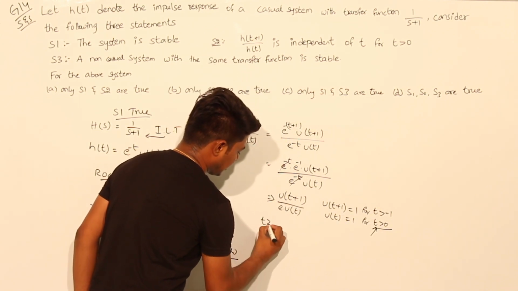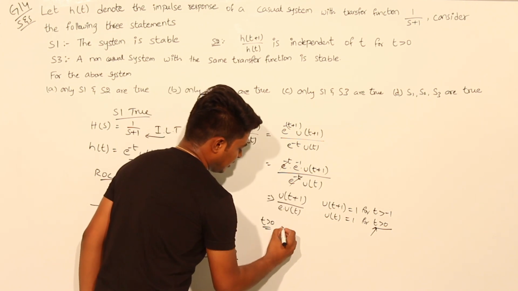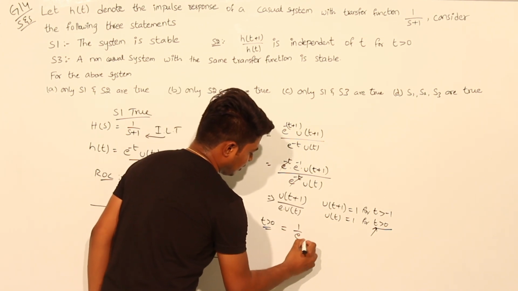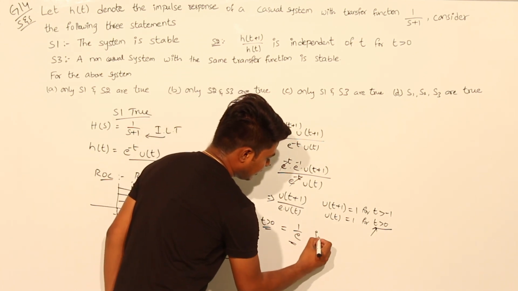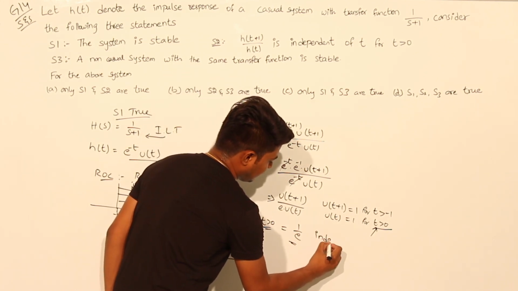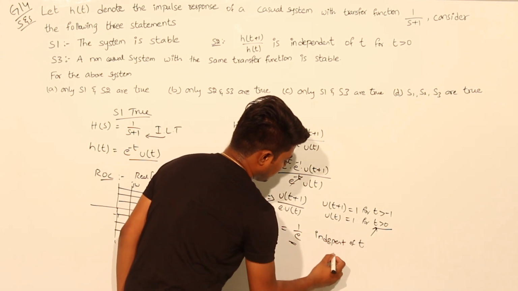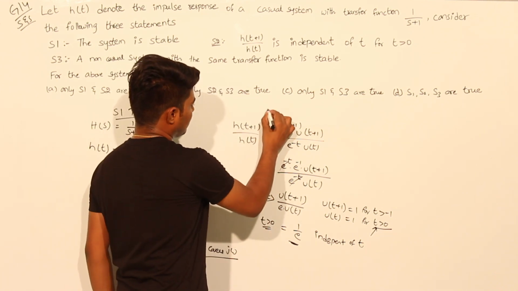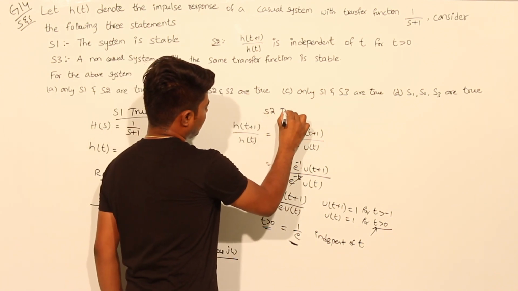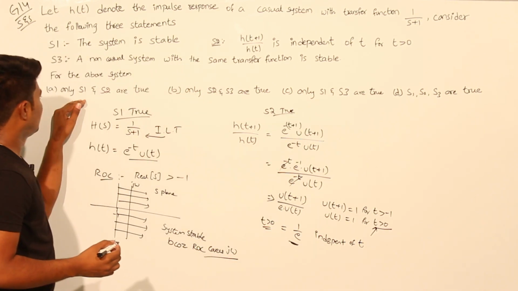So for t greater than 0, both u of t plus 1 and u of t become 1. This is equal to 1 by e. Now you can see the end term is independent of t, which states that S2 is also true.